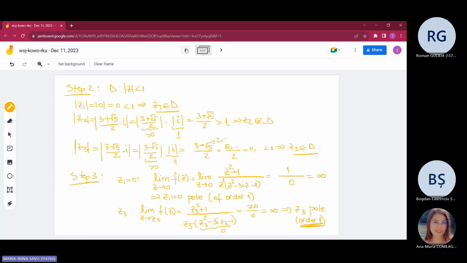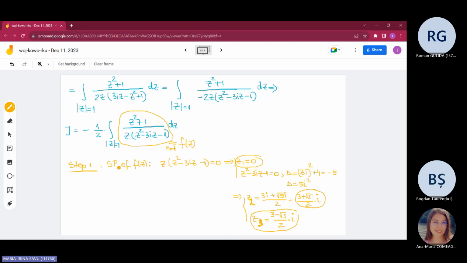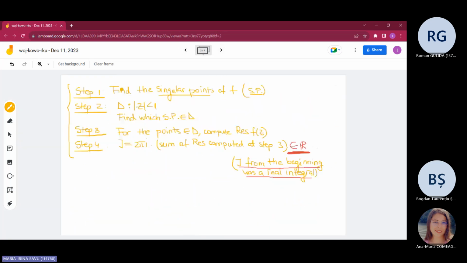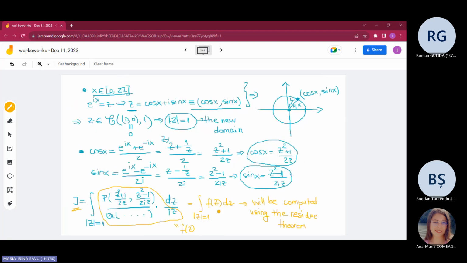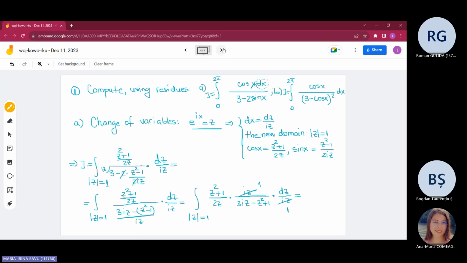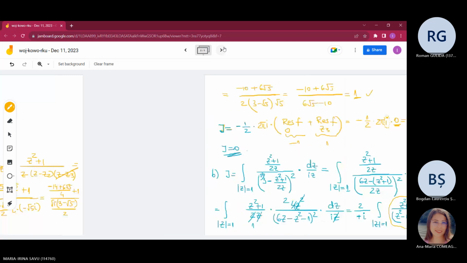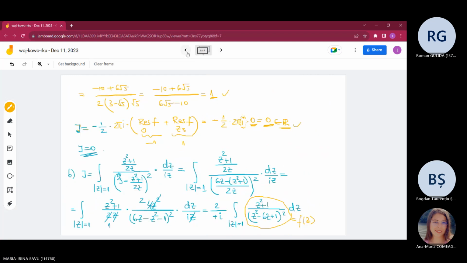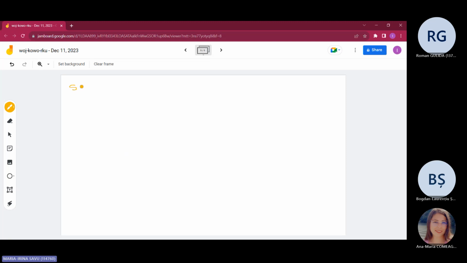So at this moment, you have this thing, which is a complex function, and you compute the residues. First find the singular points of f.